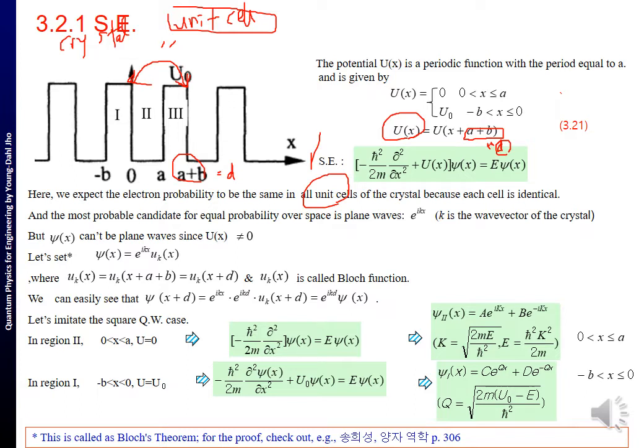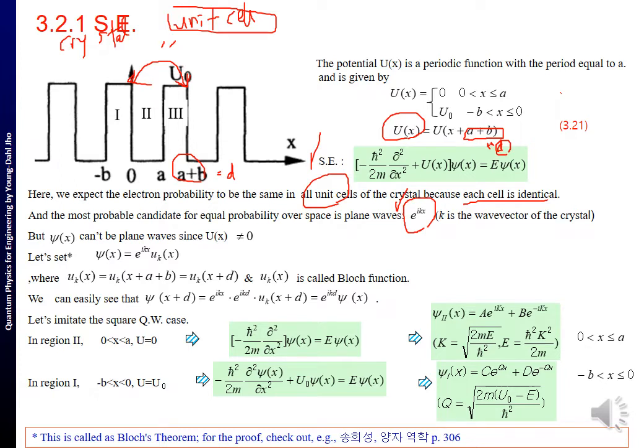Anyway, each unit cell is identical, and the most probable candidate for equal probability over space is plane waves. Surely our electron won't have plane wave functions. This is the case when we don't have any potential.